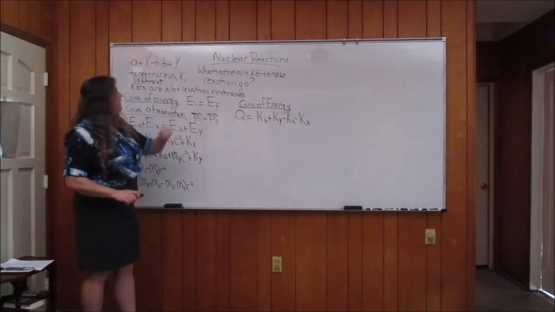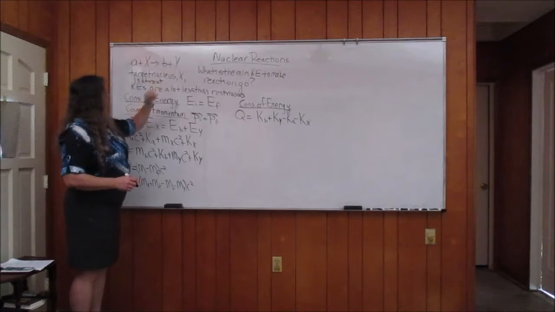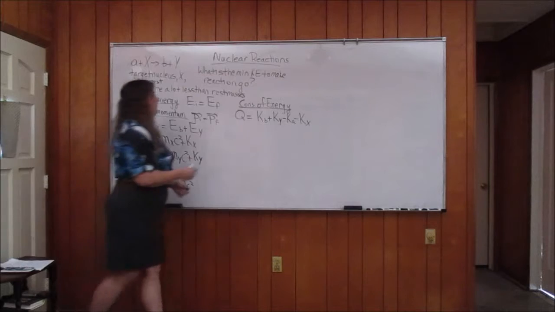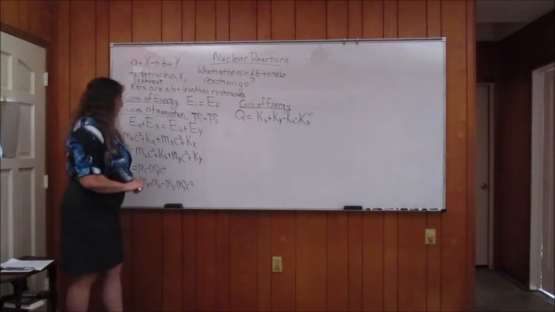But we're interested in the minimum kinetic energy to make the reaction go, and furthermore, we're assuming that the target nucleus is at rest, so therefore KX is just going to be equal to 0.